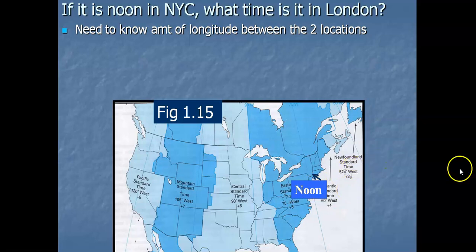Now, London is way across the Atlantic, about way over here, and we know the longitude of London, don't we? All right. It's 0. It's where the prime meridian is. All right. And so the range of longitude between London and New York City is 0 and 75. Okay. And so we now know that the range of longitude between these two locations is 75 degrees of longitude, all right?